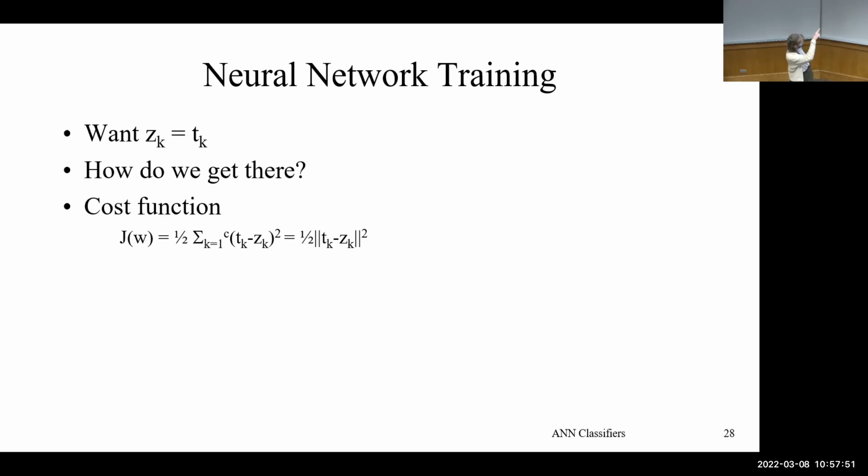Because our goal is up there at the top, ZK to be equal to TK. So therefore, our cost is the difference between them squared. It could be an absolute value, but absolute values have a hard time with derivatives, and we're going to use gradient descent, which I introduced a couple classes ago. So we're going to use squared instead of absolute value.